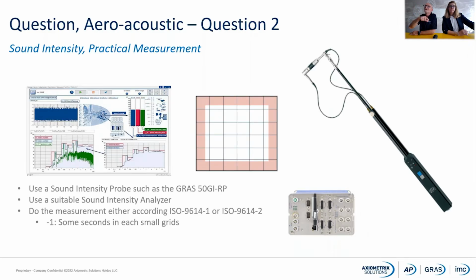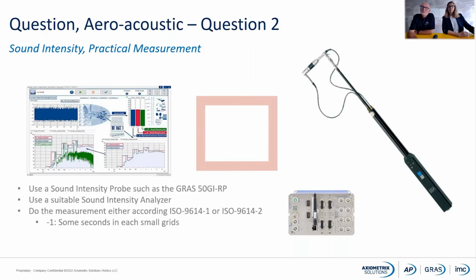So we have to make a grid over our measurement object, and then we have to start in one corner and use the probe in that corner for a couple of seconds, and then we have to go to the next little square and the next little square.